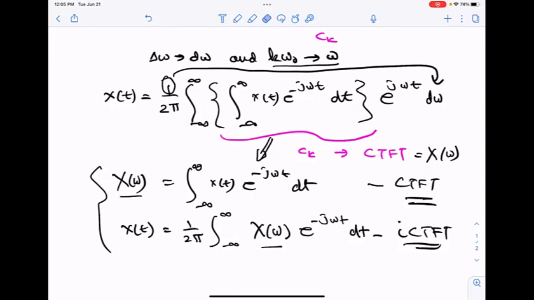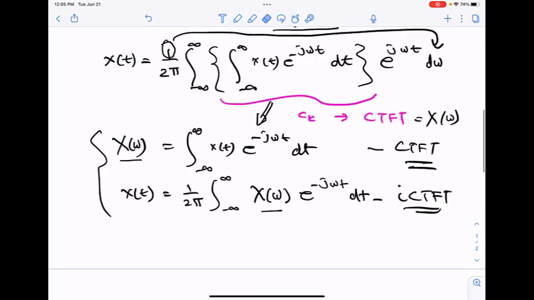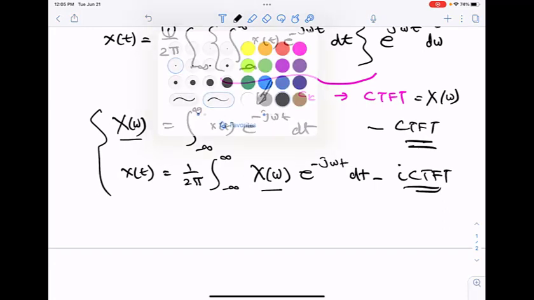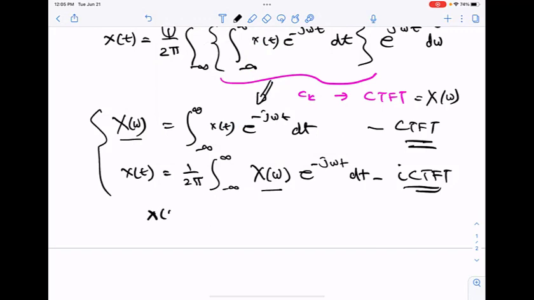Now I'm going to shift over to looking at some properties of CTFT and how they relate to some important functions. But one other thing I wanted to show you is that typically the way it's written is if you have a time domain function x of t, and we want to write a CTFT, we write it like this, we just make a big X and then this function of omega.